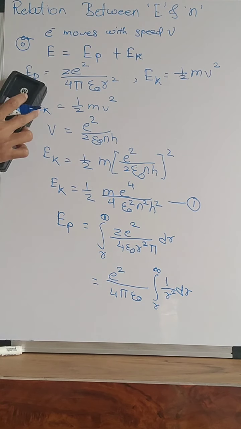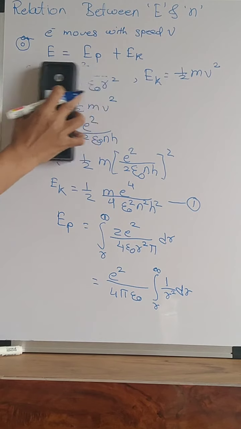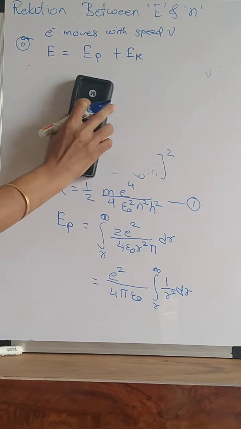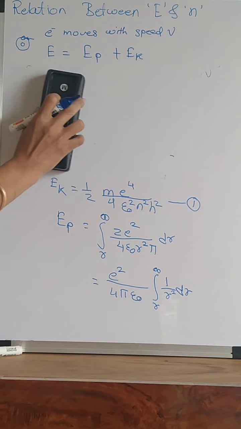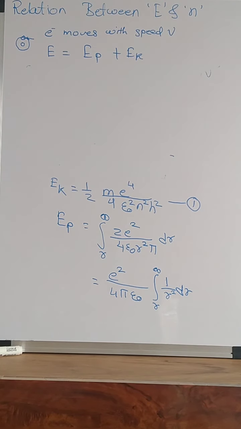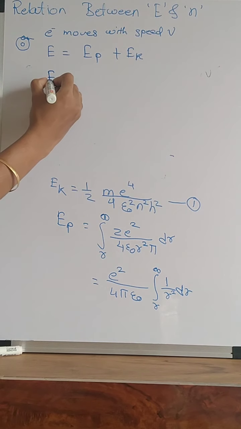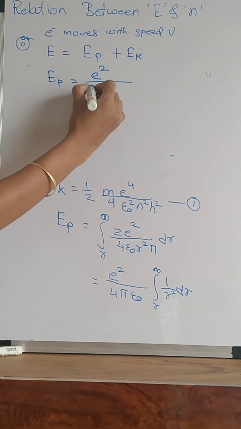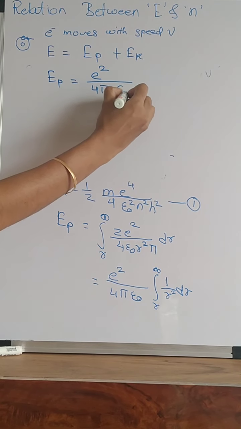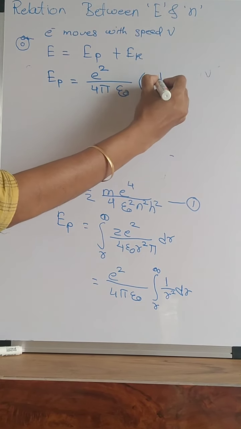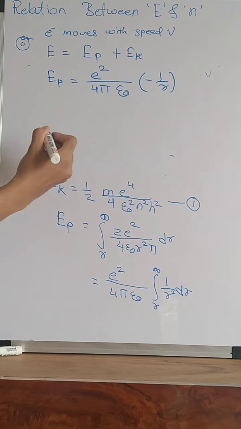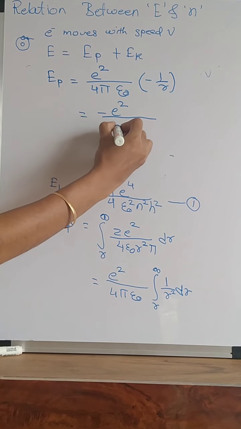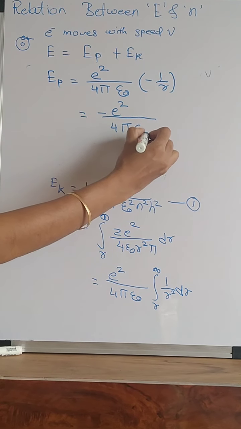Now, after integration, the value of Ep will be e square upon 4 pi epsilon naught into 1 upon r. So the equation will become minus e square upon 4 pi epsilon naught r.